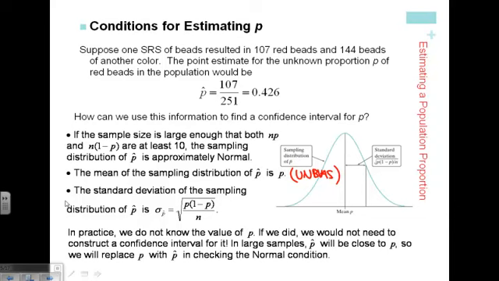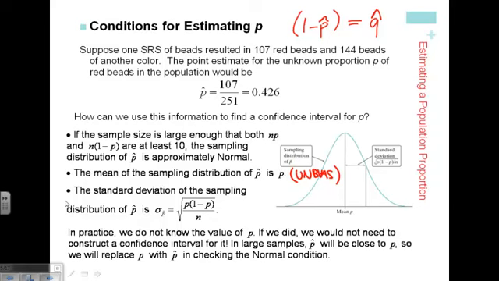Ms. Simpson uses this notation. 1 minus p hat, she writes that as q hat, because it's easier to write q hat than 1 minus p hat. So when you see q hat, it's really 1 minus p hat. All right.